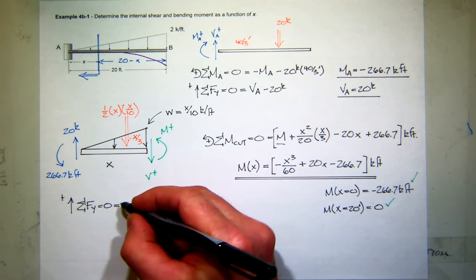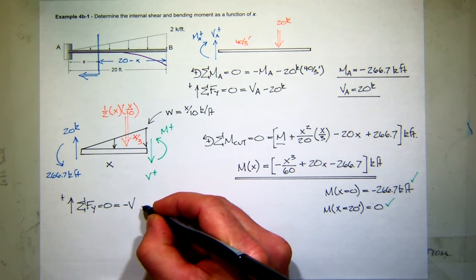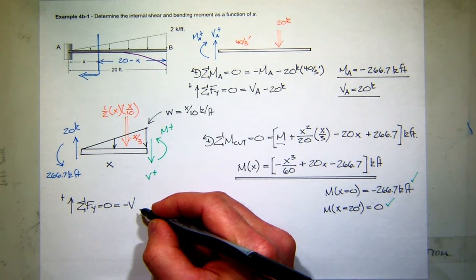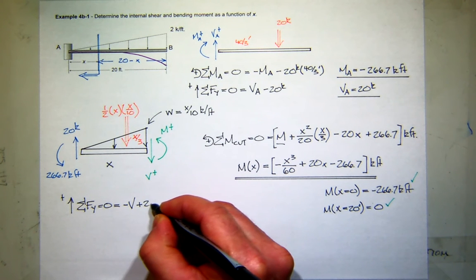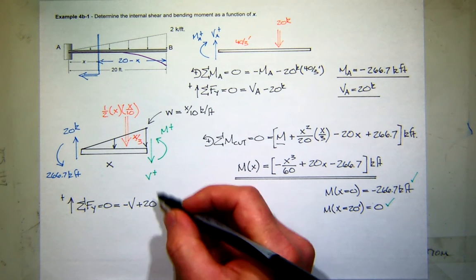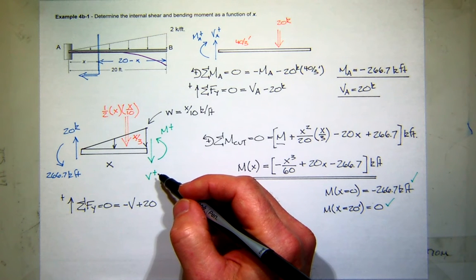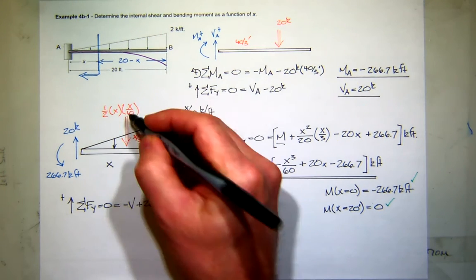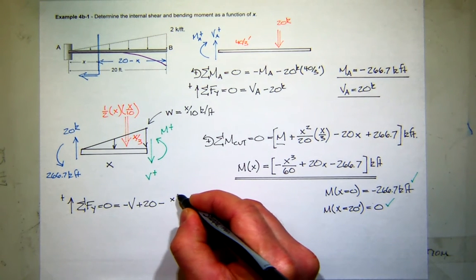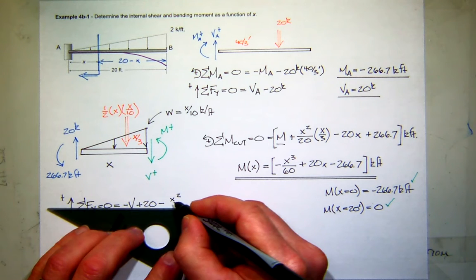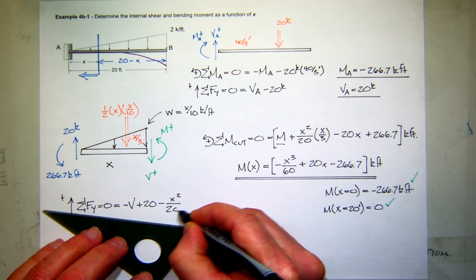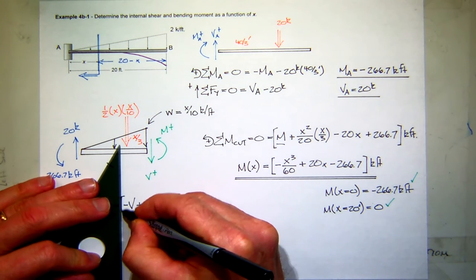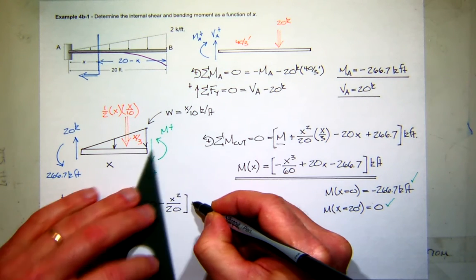Negative V, plus 20, and negative x squared over 20. And these will all have units of kip.